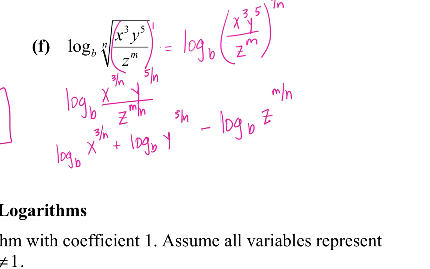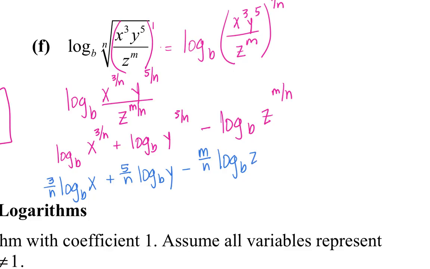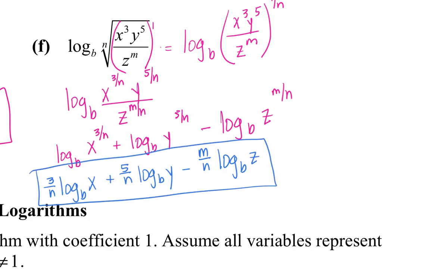I know these are so crazy. Now just put all the exponents out front and you're good. So 3 over n log base b of x plus 5 over n log base b of y minus m over n log base b of z. And then we have expanded that one.